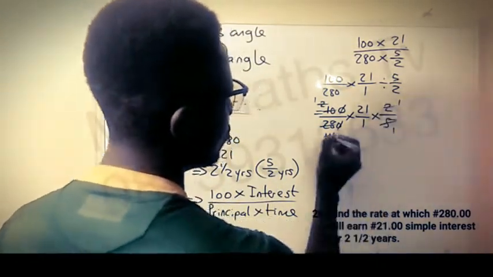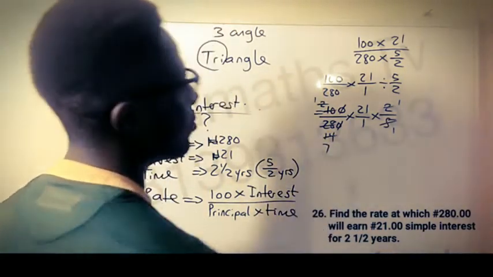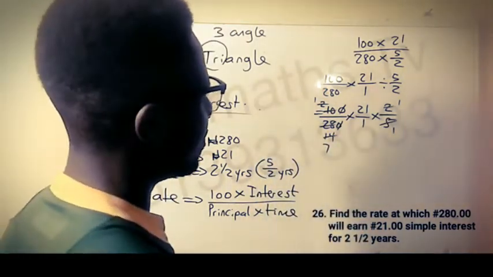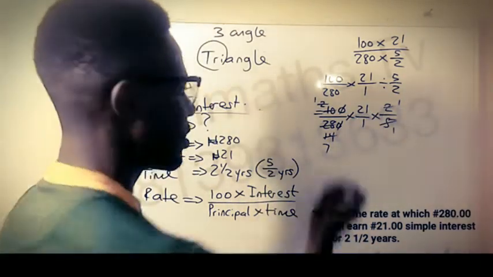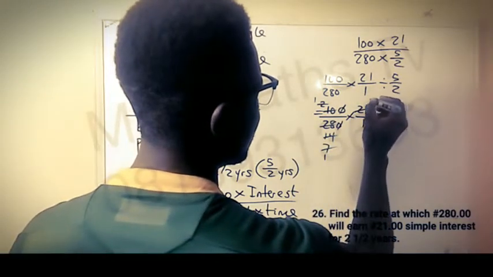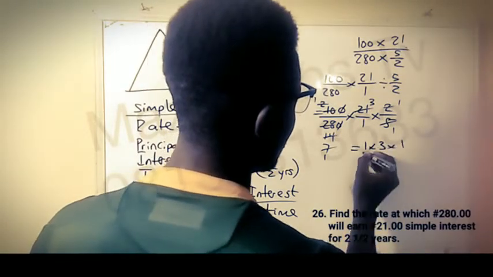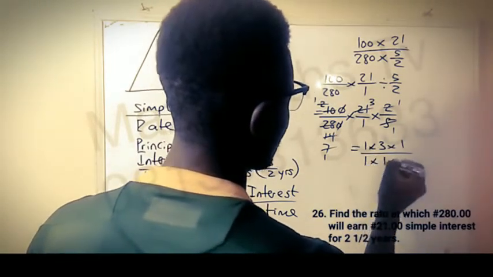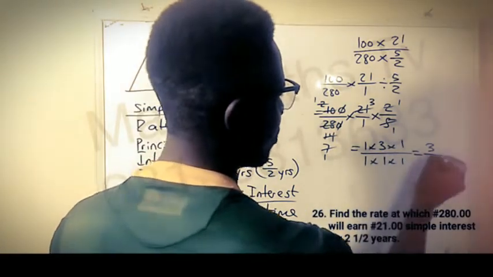Now let's divide. So this 2 here 1, 2 here 2. 2 in 14, that is 7. What else can we divide again? This 7 and 21 can be divided by 7. 7 can divide 21. So 7 is 7 1, 7 21, that is 3. So at the end of the day, we have 1 times 3 times 1, and then we have 1 times 1 times 1. 1 times 3 times 1 will give you 3. 1 times 1 times 1 will give you 1.